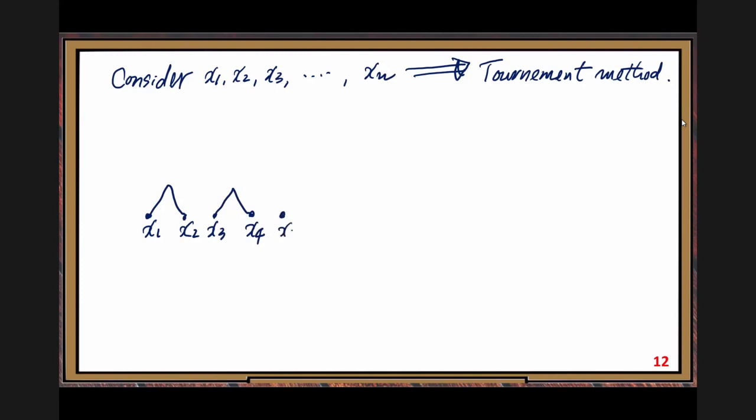But for the last one, xn, we don't know if there is a pair or not, because we don't know whether n is even or odd. So there is some uncertainty. Although you can discuss the cases when n is even or n is odd, that could be very complicated, too many cases, because each round we have that even-odd problem.